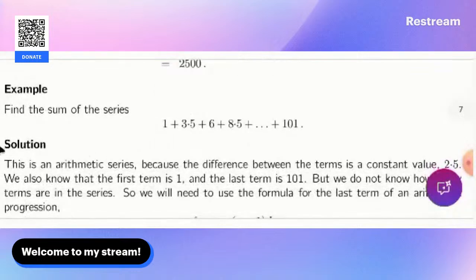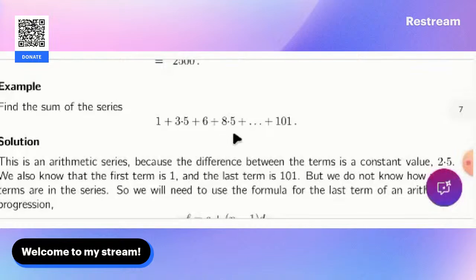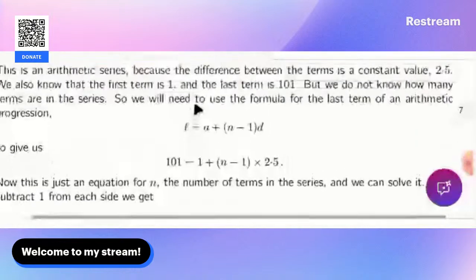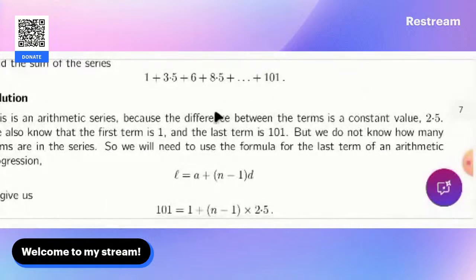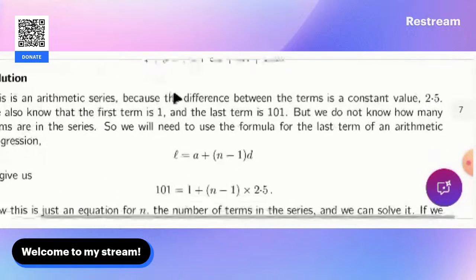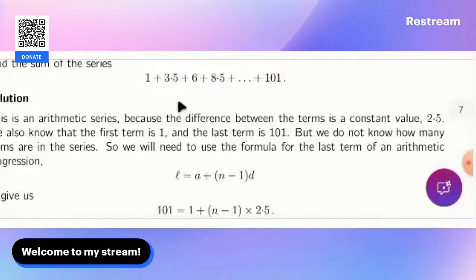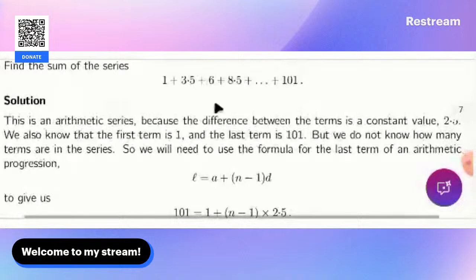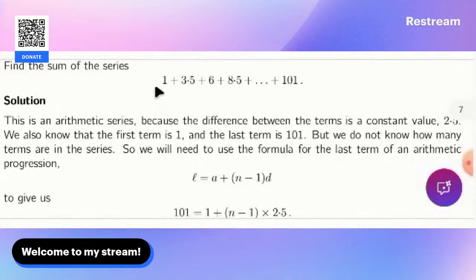Very good. Now you see, find the sum of this series. Now see, series, we don't need to use any concept of AP that we know initially. We have the first term, we have the last term, we can find anything we are looking for. The last term is this, the first term is this.